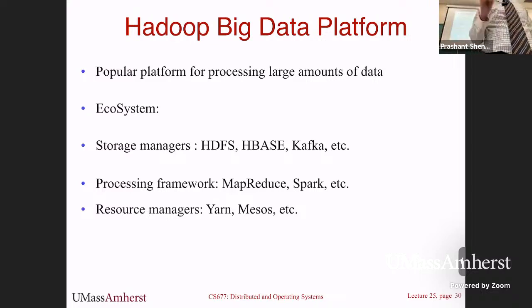Okay? If you remember, when we talked about Borg and Mesos, we said you have a 2-level cluster scheduler. The top level allocates machines to frameworks, and the frameworks run the map jobs. In this case, they're MapReduce jobs. Okay? So this ecosystem has many different components, and we have just looked at 2 or 3 of them, but there are many others. Yes, question.